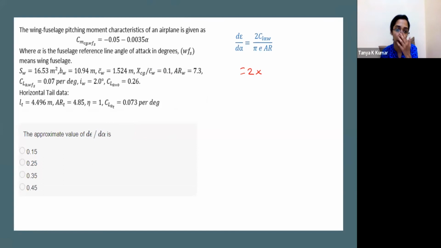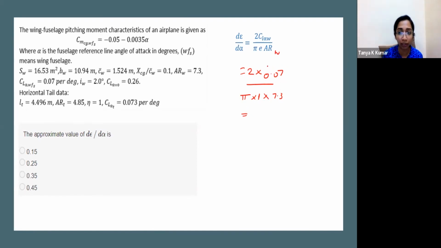Okay, so CL alpha wing is given as 0.07, and pi e is given as 1, times the aspect ratio of the wing. So what is the aspect ratio of the wing? 7.3. Okay, so this will give you the final answer.